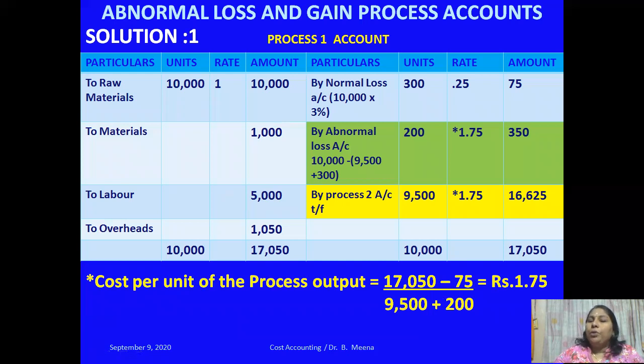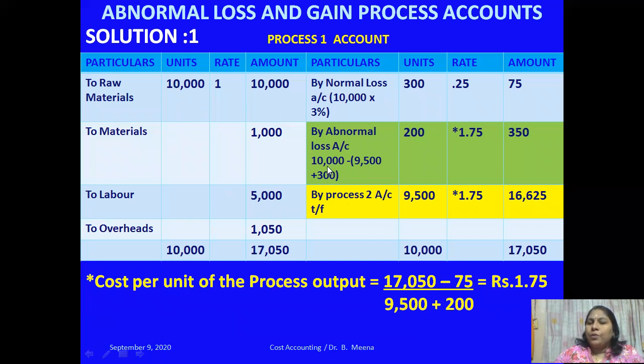So how much is the output given in the problem? 9,500. Now I have to calculate whether there is any abnormal loss or abnormal gain, or no abnormal loss or abnormal gain. By doing the calculation only will we come to know. So how to do that calculation? Now look at this. What is the input I gave for this process? 10,000.